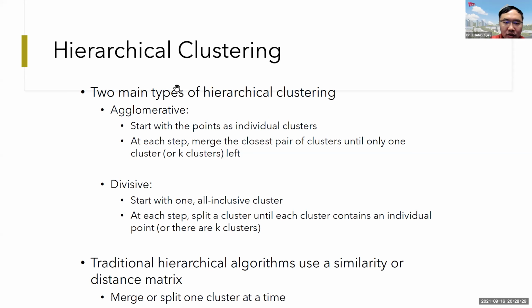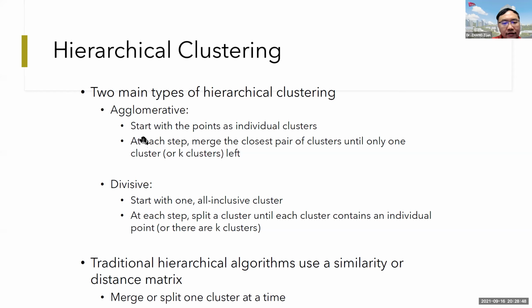There are 2 types of hierarchical clustering strategy. One is called agglomerative, and this one is more widely utilized.